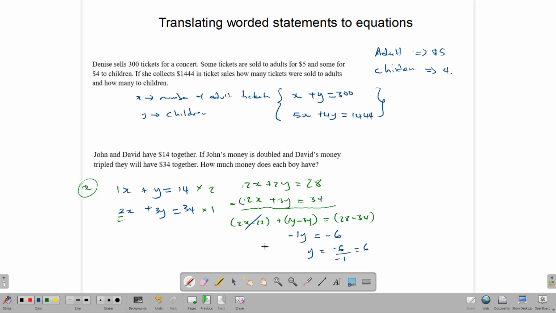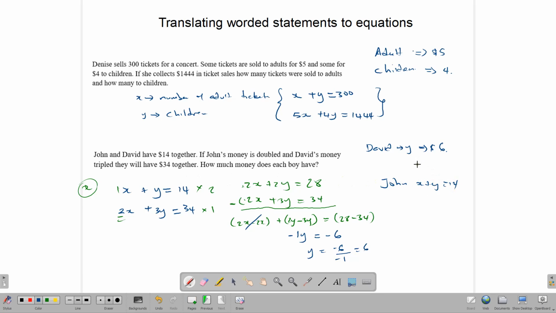So y represented David's money. So David had $6. Now, how much money did John have? We can substitute that number into this equation and find John's money. So John, using this equation, x plus y equal 14.